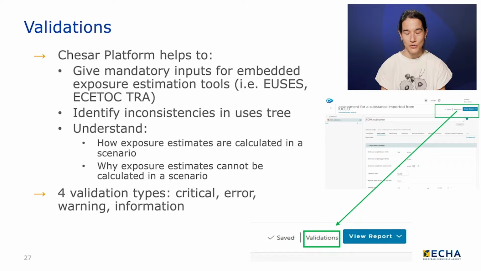It will also help you to identify inconsistencies in your usage tree and understand how exposure estimates are calculated in a scenario, or why exposure estimates cannot be calculated in an exposure scenario. There are 4 validation types: critical, which prevents the generation of CSR; errors, which explain why exposures cannot be calculated; and warning and information messages explaining how exposures have been calculated.